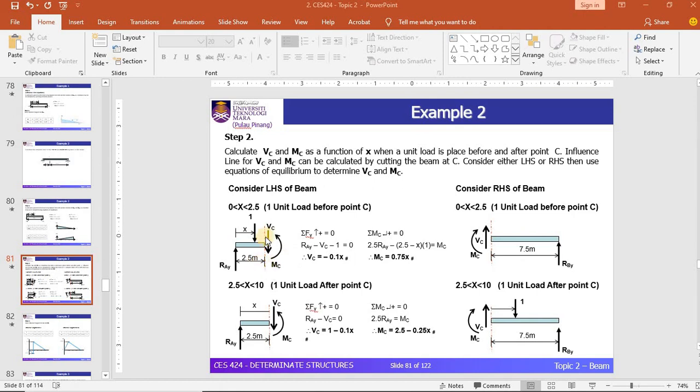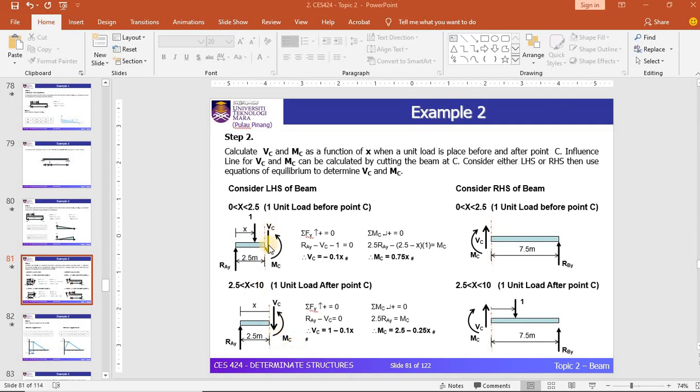So basically they have two ranges, which is 0 to 2.5, which is before point C, and another range is 2.5 to 10, which indicates that this particular one unit load has moved beyond the point C.